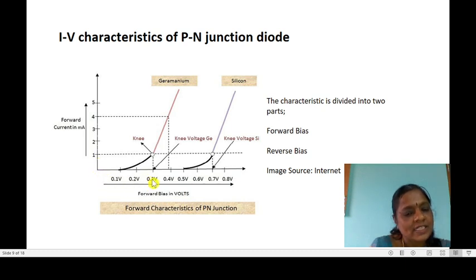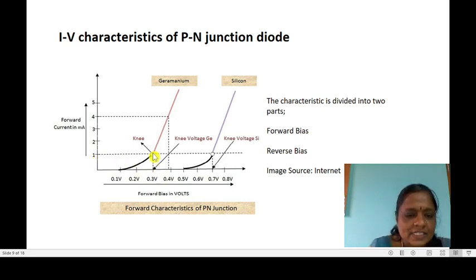At 0.1 there is no current, at 0.2 a small current, and at 0.3 you get nearly 1 milliampere.